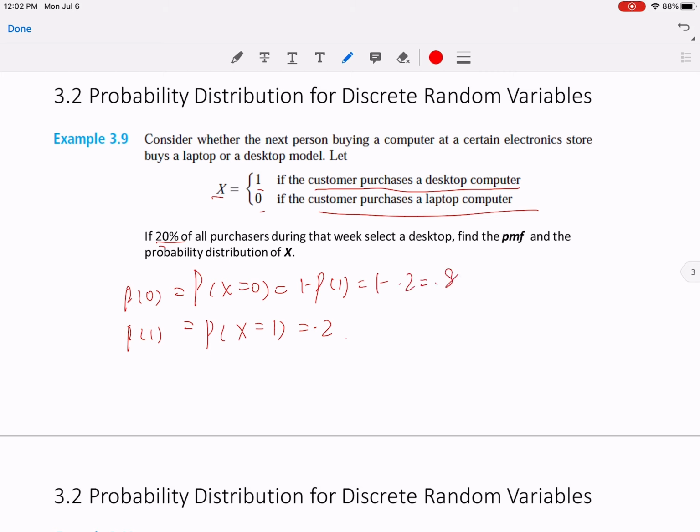Okay? So if you want to build a probability distribution, x could be 0 and 1, and the probability of x is equal to 0 is 0.8, and the probability of x is equal to 1 is 0.2.